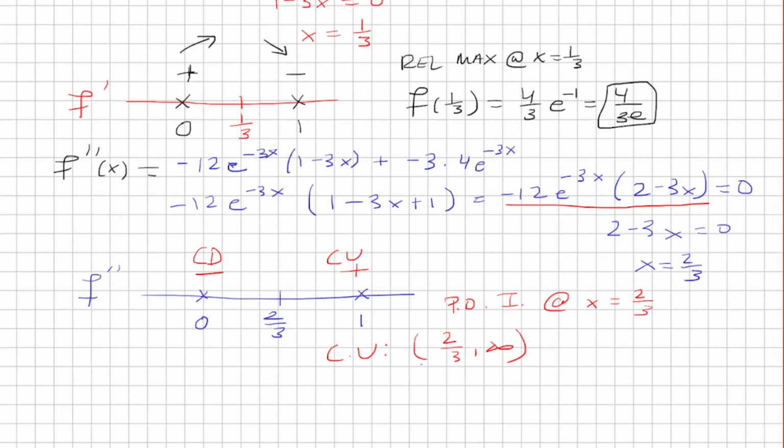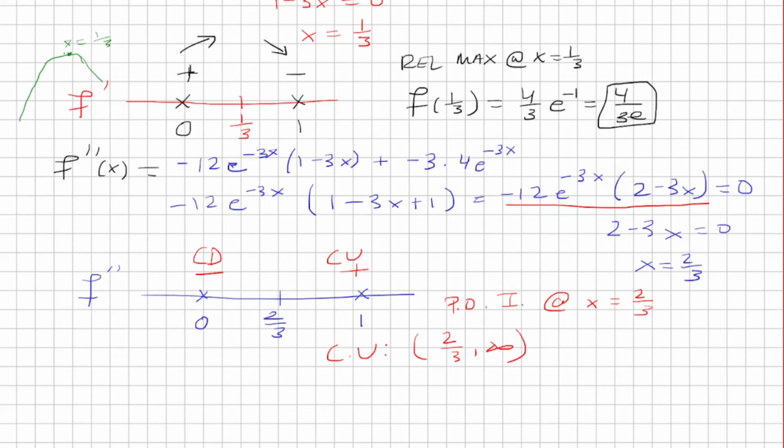Now we want to find the absolute maximum and minimum values of f. So for that, we have to go back to the first derivative. And notice that the function increases and then decreases. So without looking at concavity, basically it starts off low, goes high, peaks up at x equals 1/3, and then goes down again.